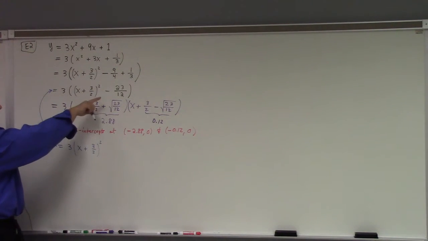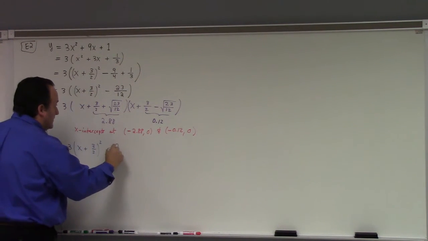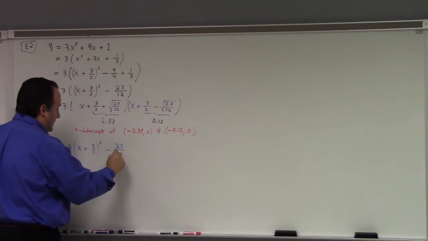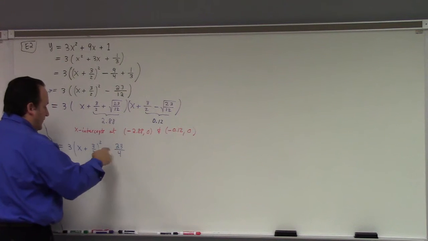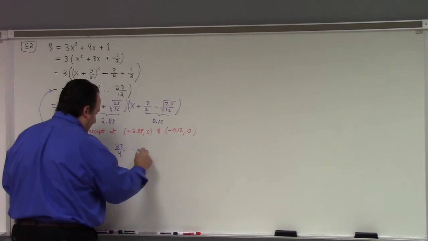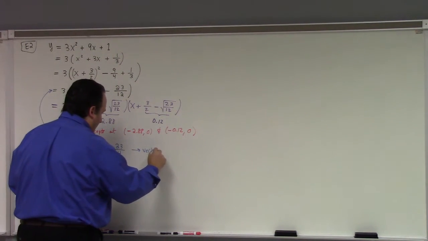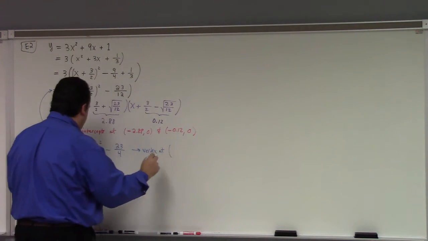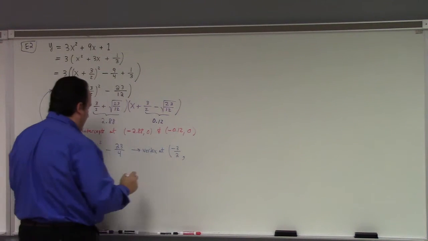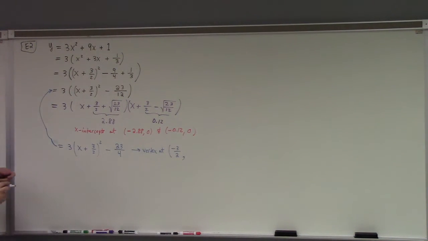And then when I multiply 3 through there, I get minus 23, what's 3 over 12? 3 over 12 is 1/4, so I get minus 23 over 4. Right, so that tells me the vertex is at minus 3/2, comma, minus 23 over 4.